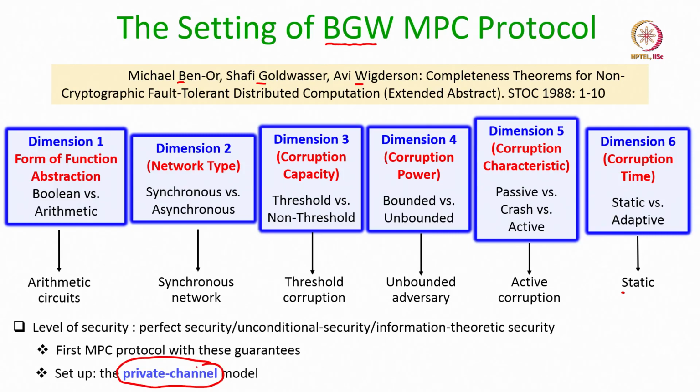Namely, we assume that every pair of parties have a secure channel between them over which they can securely communicate. We can instantiate this private channel model by running a PSMT protocol if your underlying communication network is an incomplete graph. So, let us try to understand the arithmetic circuit abstraction first.